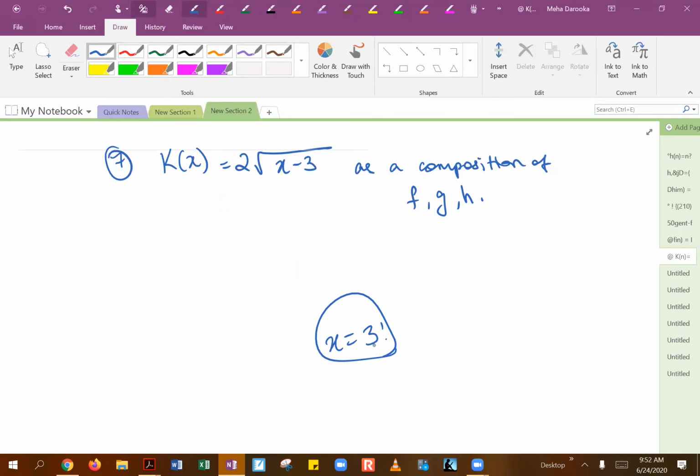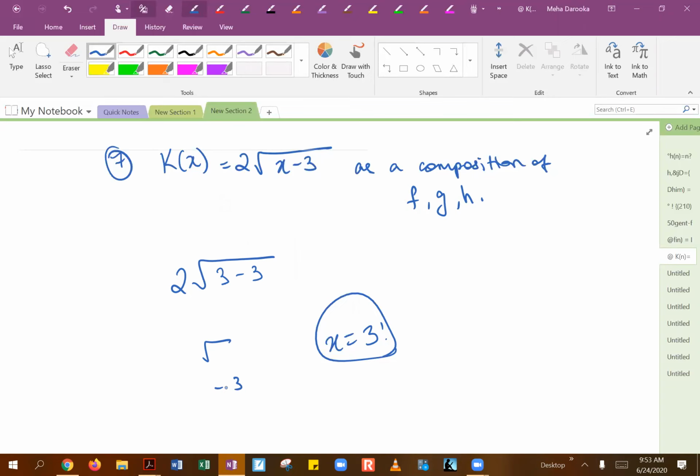Find the square root. So if I gave you 2 times square root of x minus 3, and for x I'm using 3, would you actually do the square root first, or would you subtract the 3 first? Think about this, guys. What would we do first?